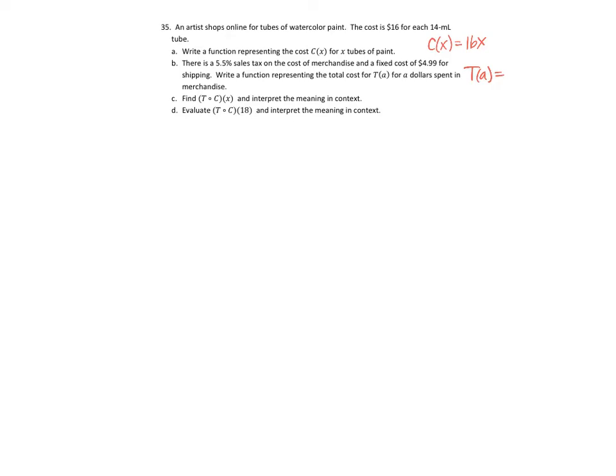So that's 105.5% that we have to spend because we already have bought the thing. So we'll say 1.055 A plus we also need to pay our fixed cost of $4.99.